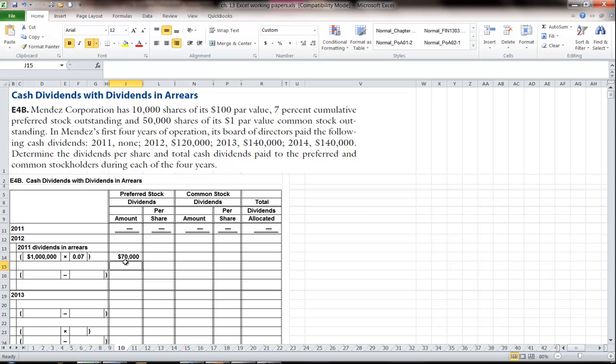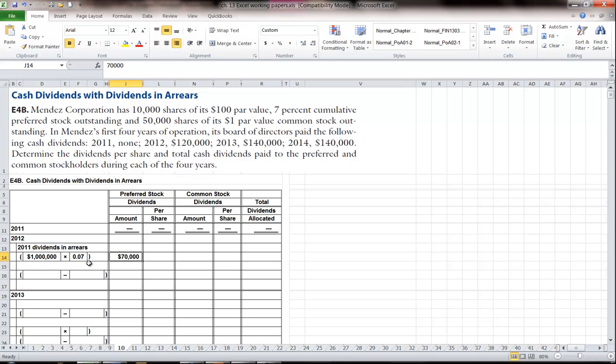So $70,000 of the 120 has to be paid out to our preferred stockholders. And that $70,000 is going to be for 2011. Those are our dividends in arrears. Since the board of directors did not pay any 2011, we're going to pay the 2011 portion in 2012.